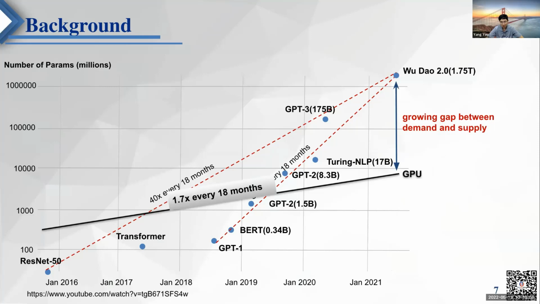Because we know the memory on our single chip or single GPU only increased roughly 1.7 times for every 18 months. So there is a growing gap between demand and supply. In the next 10 years, quantum computers are probably not ready yet.